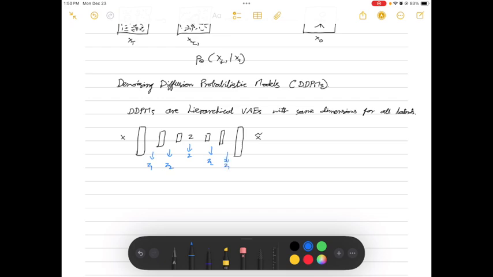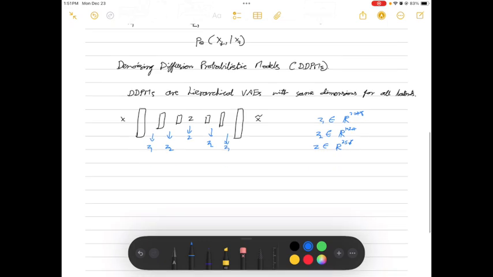So each of these can have different dimensions. Say Z1 can be of dimension, I don't know, 2048. Z2 can be of a smaller dimension, 1024, and Z can be of even smaller dimension, say 256.